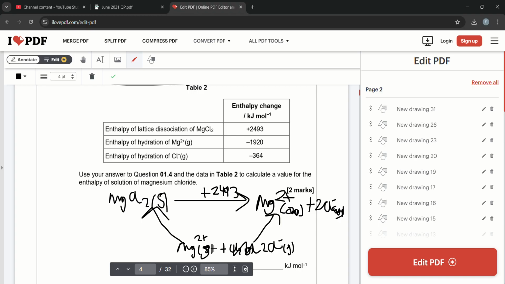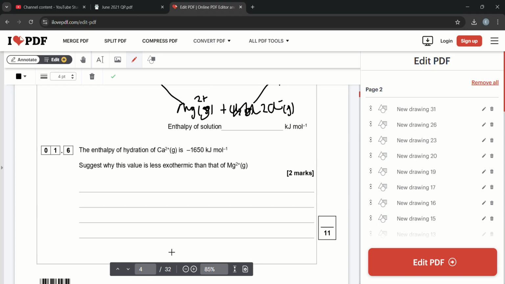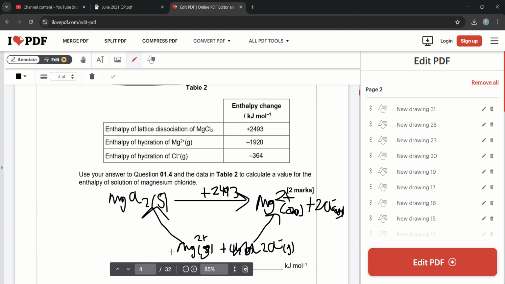The more you practice these equations, the more you get it. So we know that what we're trying to find, enthalpy of solution of magnesium chloride, is equal to 2493 minus the 1920 minus 2 times by 364.